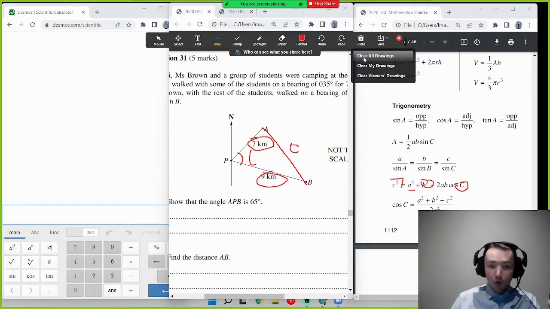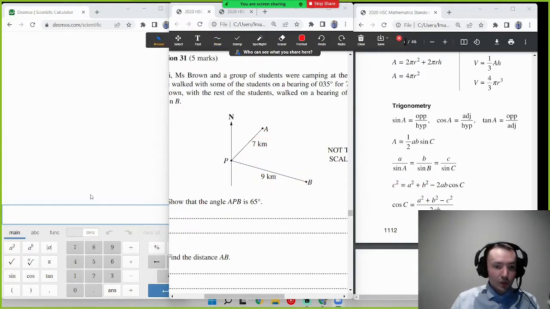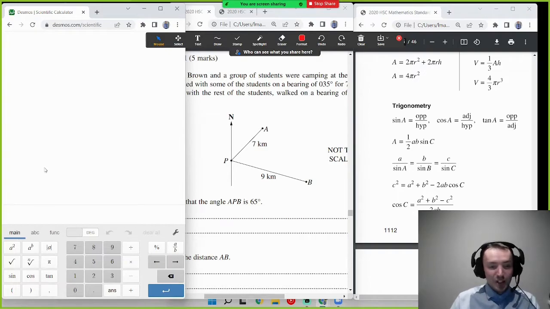Now all you have to do is plug this into the formula. I'm going to open up this scientific calculator. Remember the trick: since this is c squared, in order to find c we need to take the square root of both sides.